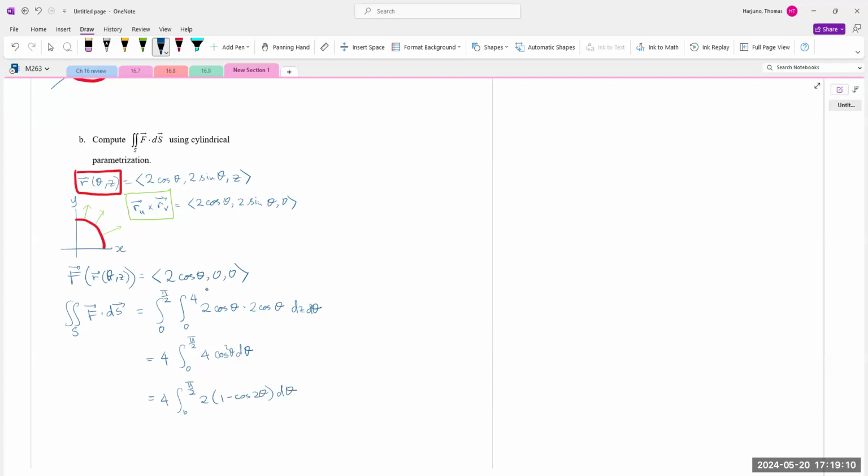Right? But I know the integral from 0 to pi over 2 for cosine 2 theta will be 0. So this is 4 times one half times pi over 2, that's pi... that's 4 pi.